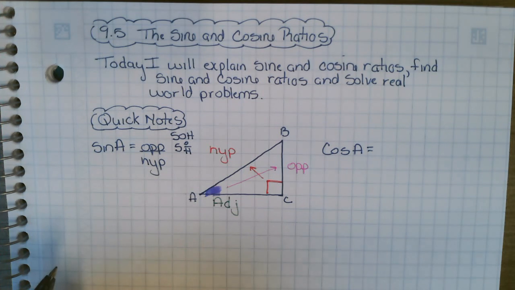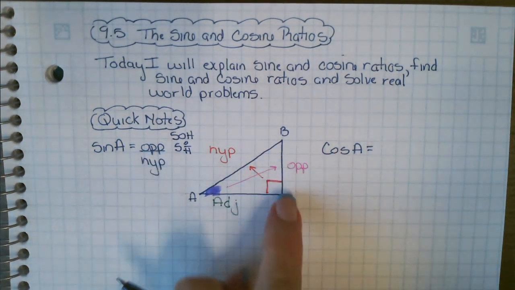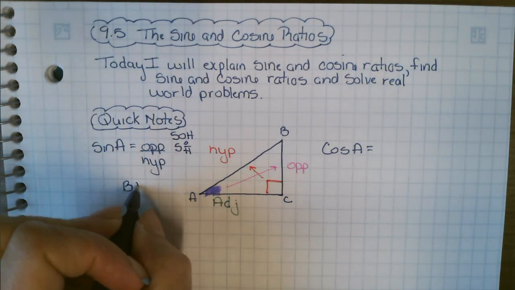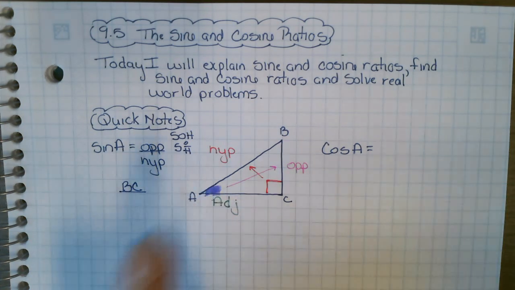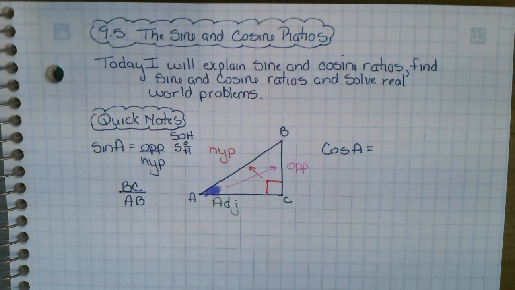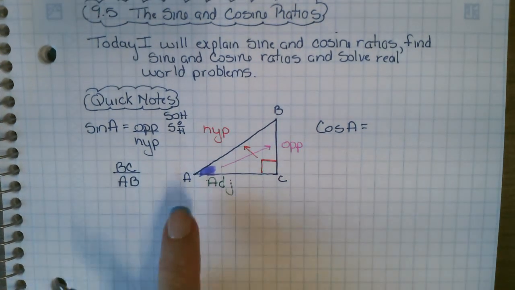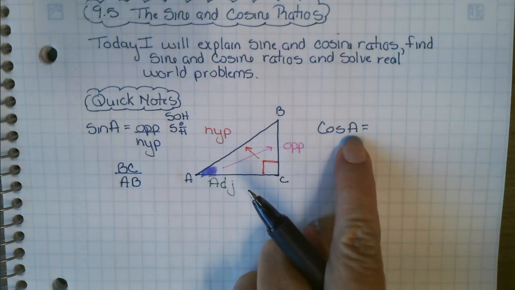So you have your opposite side, which is BC, over your hypotenuse, which is AB. So you're finding your sine for A.